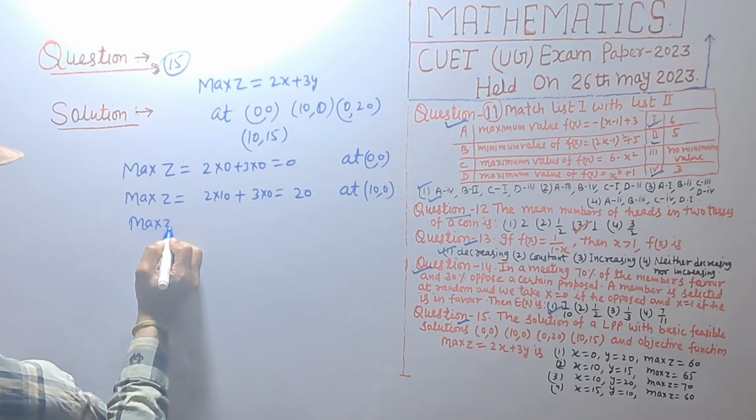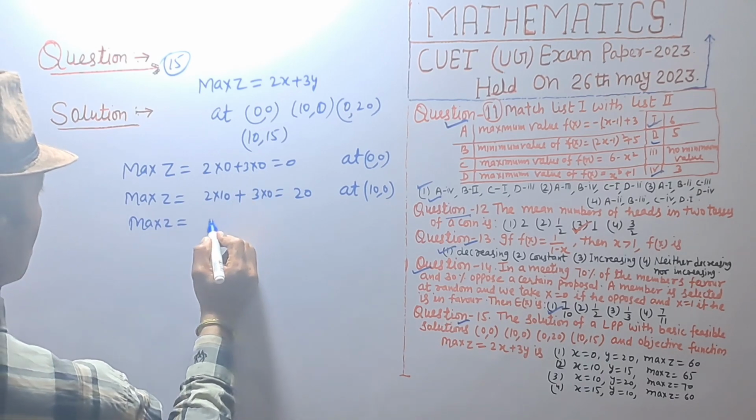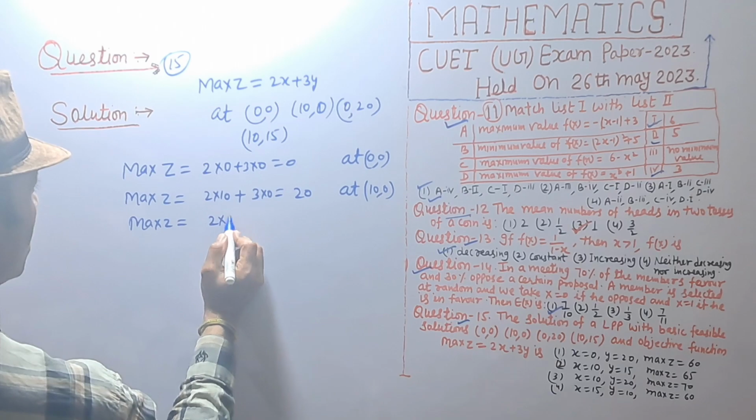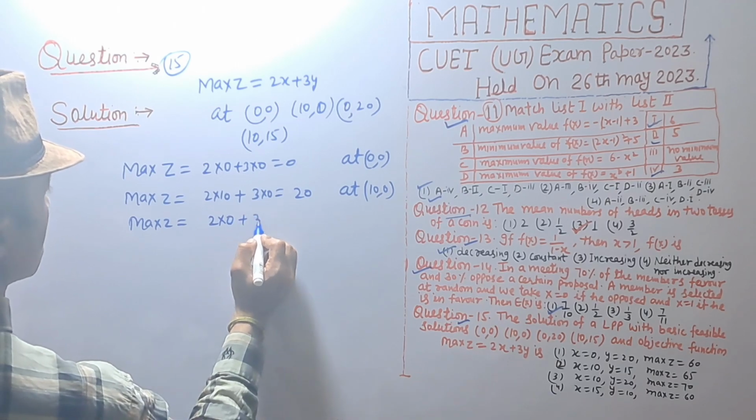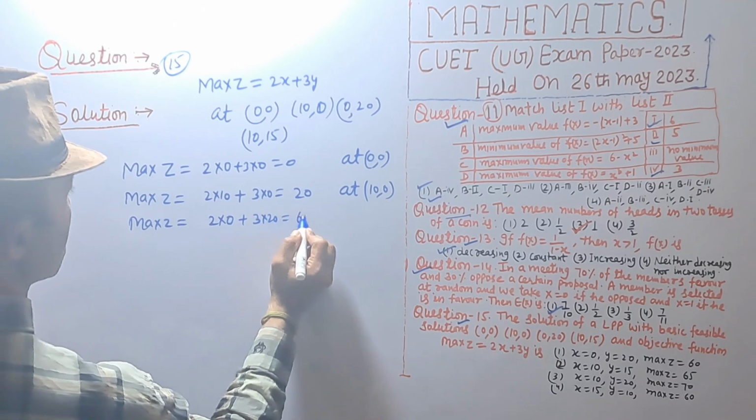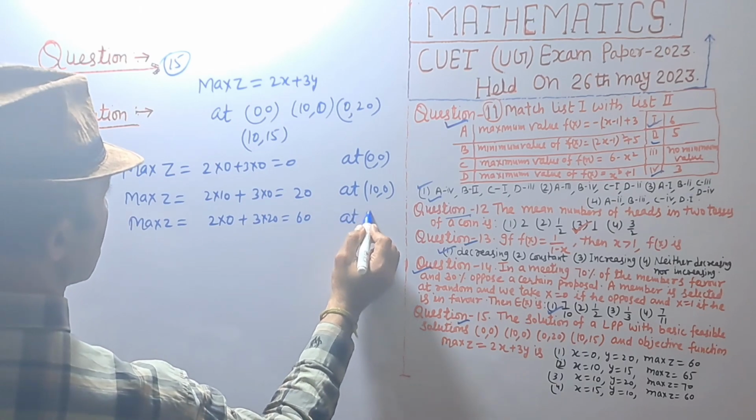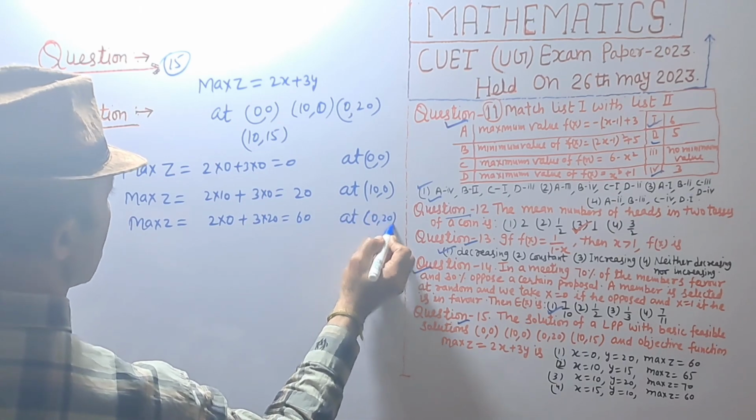And z is equal to 2 into 0 plus 3 into 20, that is 60 at point (0, 20).